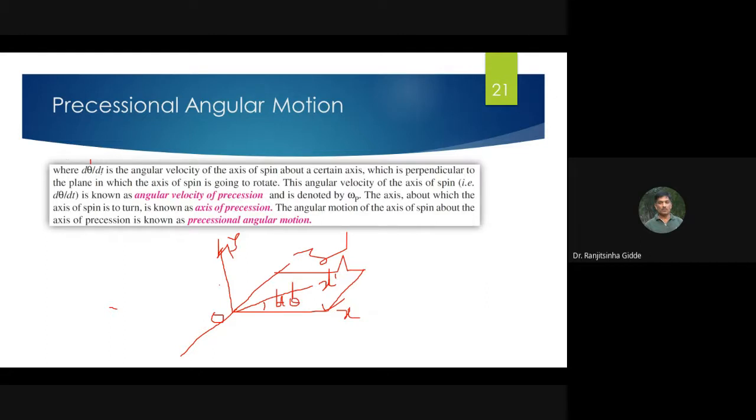So d theta by dt is the angular velocity of the axis of spin about a certain axis, which is perpendicular to the plane in which the axis of spin is going to rotate. The axis of spin rotates in this horizontal plane and this axis is perpendicular.